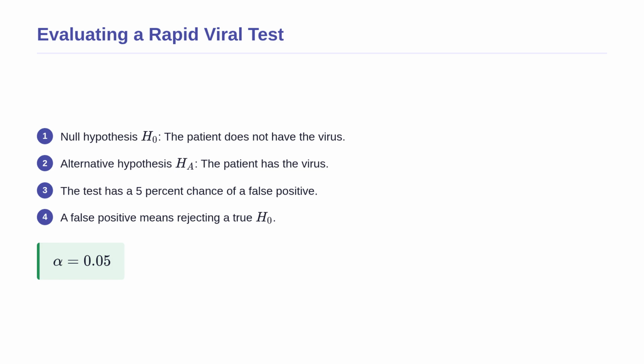A false positive means the test says the virus is present when it is not. This perfectly matches our definition of rejecting a true null hypothesis. Therefore, our alpha is 0.05. Physically, this means out of 100 perfectly healthy people, 5 will be incorrectly told they are sick, leading to unnecessary quarantine.